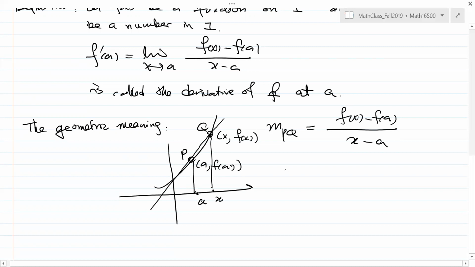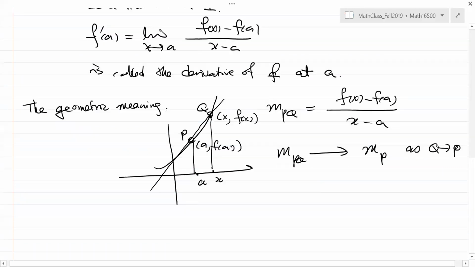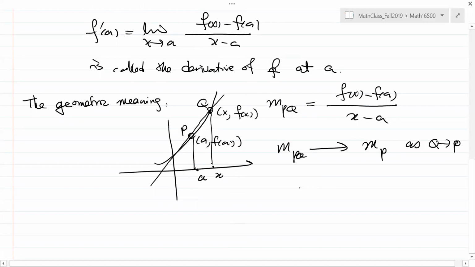The slope of the secant line approaches the slope of the tangent line as Q approaches P along the curve. Okay. So what is a tangent line at P? P is the limit.